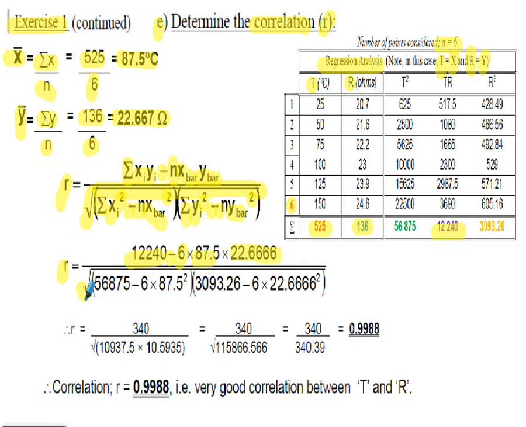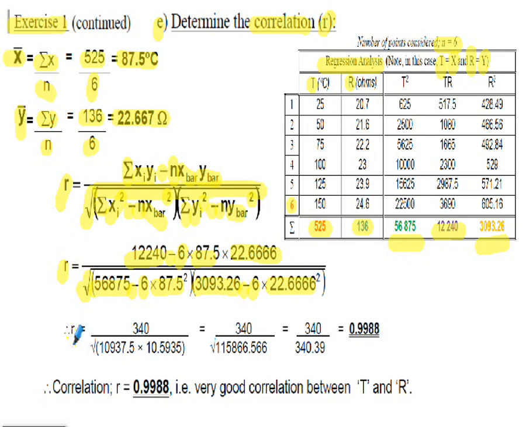That's all divided by the square root of summation of the X squared terms, in this case that's summation of the t squared terms, so that's 56,875, take away the n multiplied by the x bar squared. In the second bracket we've got the summation of the y squared terms, that's the summation of the r squared in this case, so that's 3093.26, take away the n, 6, multiplied by the y bar squared.